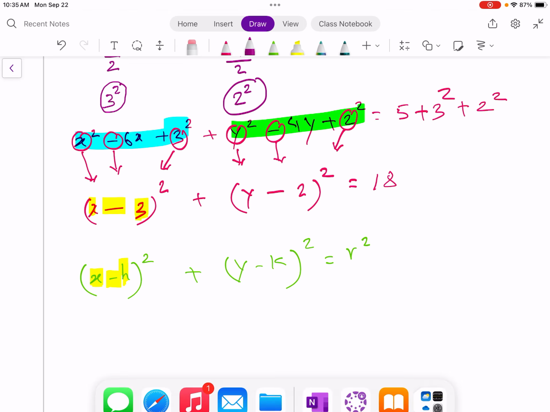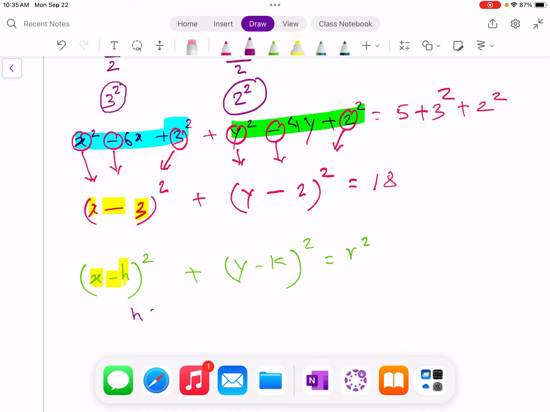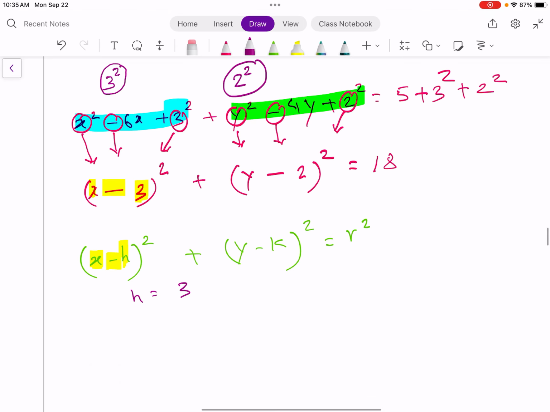So h is 3. In a similar way, for positive, we have positive. For y, we have y. For negative, we have negative. For k, what do we have? Positive 2. So our value of k is 2. For square, we have square. Now for r square, we have 18.